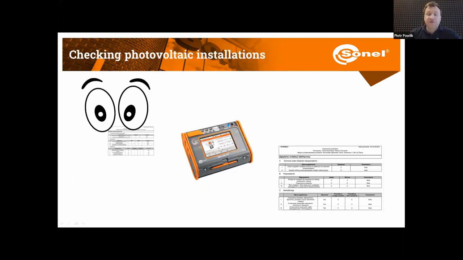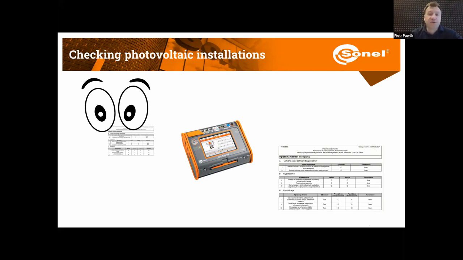Okay, so let's just focus right now on the verification part. Here the standard says that first we need to perform the visual inspection. If it's positive, then we can go to testing. That's when we use the meters to check electrical values. And finally, we need to do the reporting.